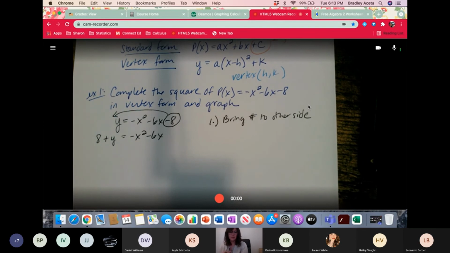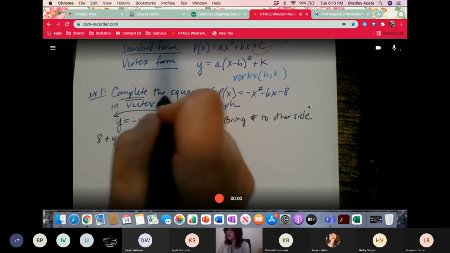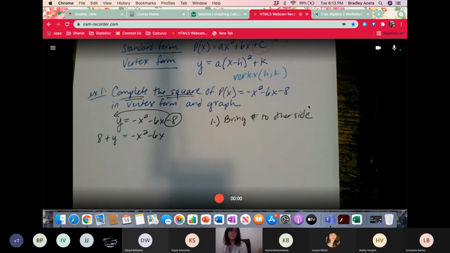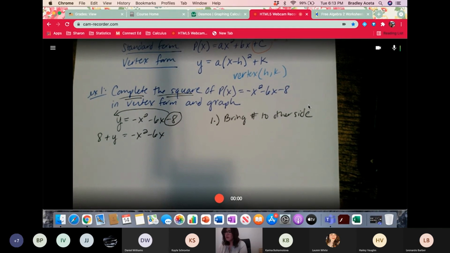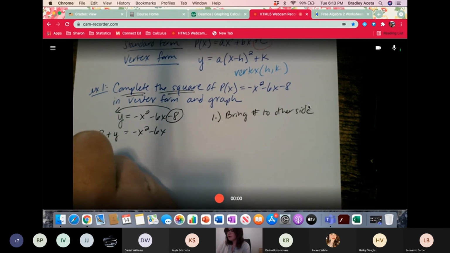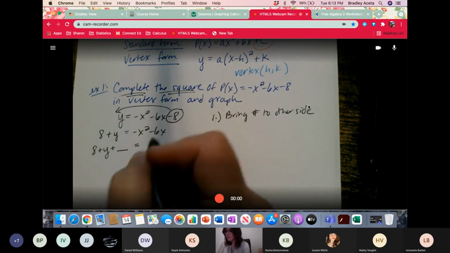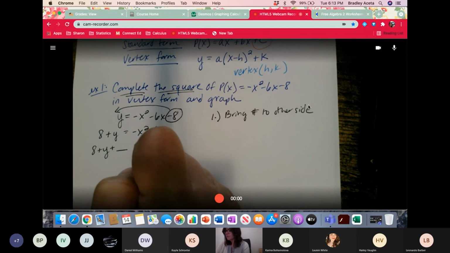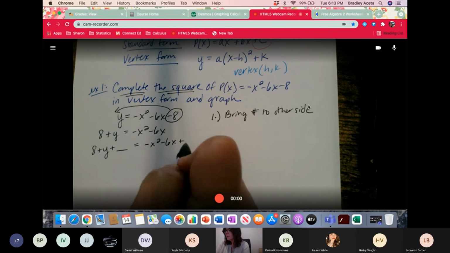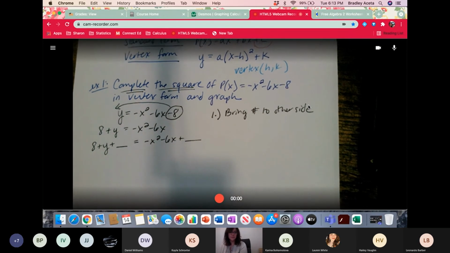Okay, now you're like, how did that help us? Well, remember, we're completing the square to figure this out. So what you do is you write this side again and you put plus blank. And then you write this side and you also put plus blank.